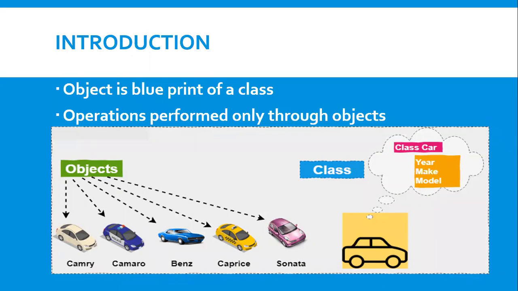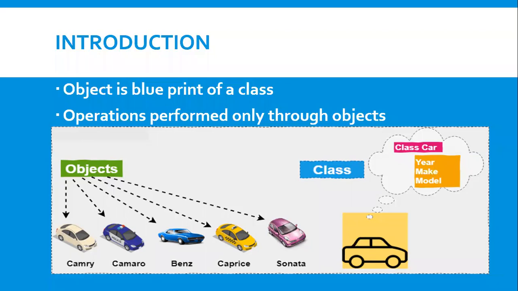If you want to see one more example, I can have a class called car whose parameters are year, making, company, and model. This is the general representation of a car. From this car, I can derive Camry, Camaro, Benz, Caprice, Sonata, Maruti Suzuki, Audi.